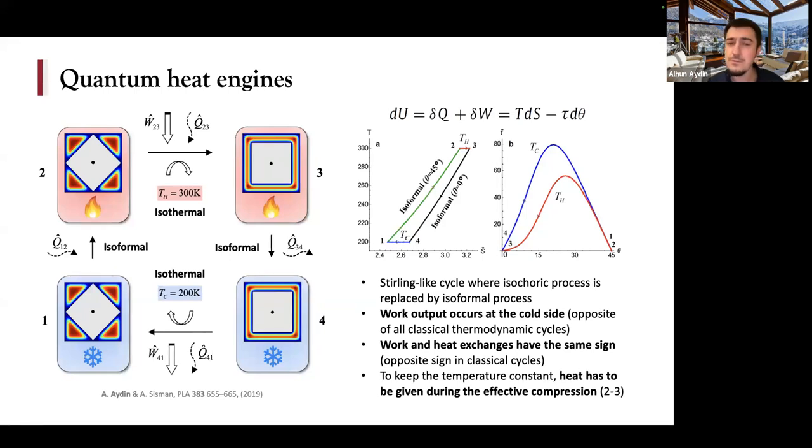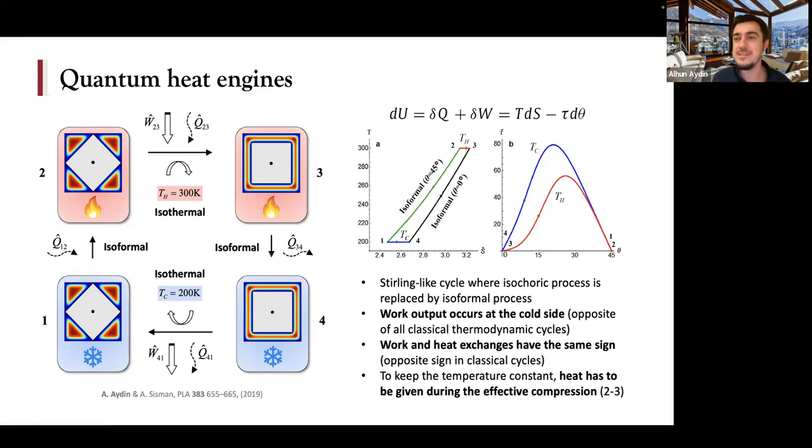So there are a few important changes compared to the classical Stirling cycle in this case. One is, as I told you, the work and heat outputs actually have the same sign. Secondly, you may have noticed, we are taking the work out of the system at the cold side of the cycle.